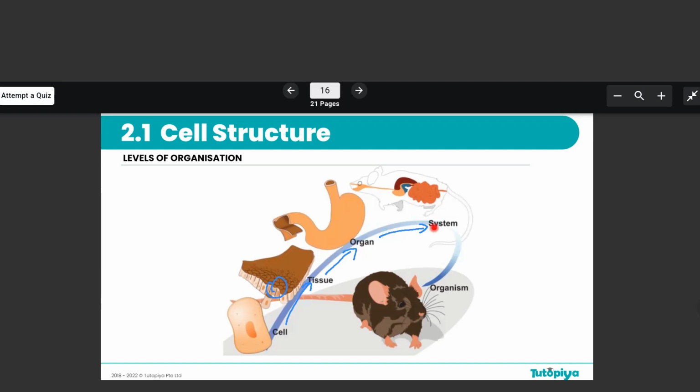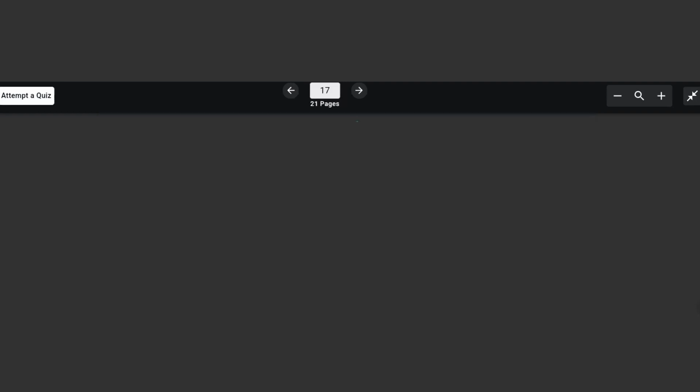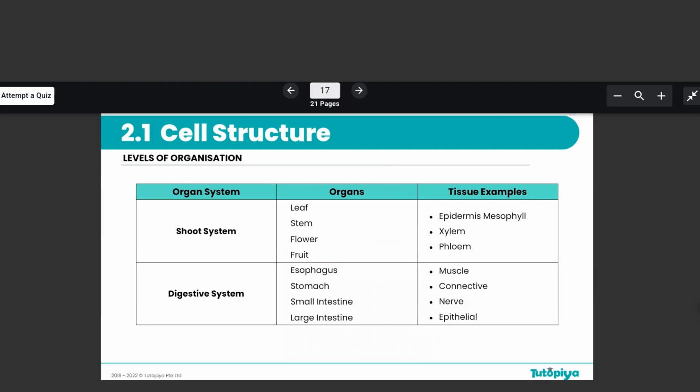So now that we've understood that, let's look at a few more examples of tissues, organs, and organ systems within an animal and a plant. So let's start off with a plant. We're just taking a single organ system of a plant. We'll consider the shoot system in this case.